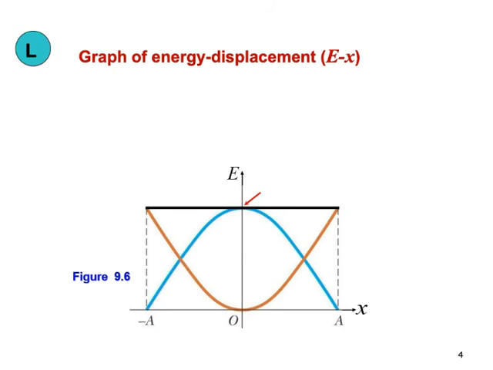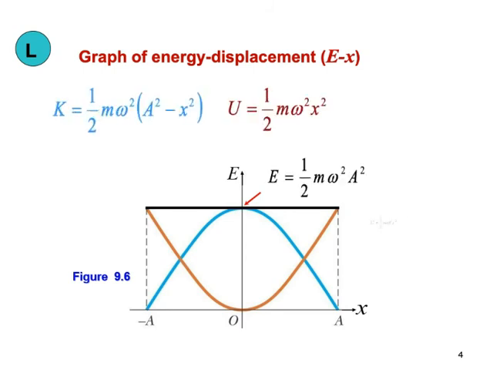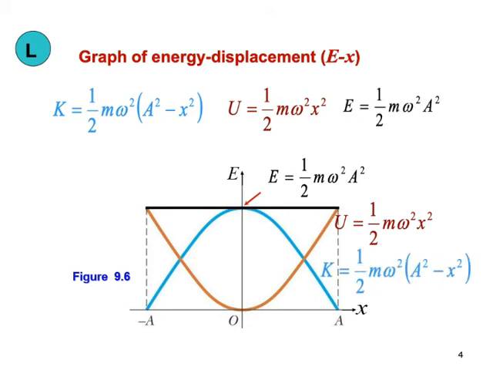Graph of energy against displacement. The straight line graph represents total energy. The brown graph represents potential energy, and the blue graph represents kinetic energy.